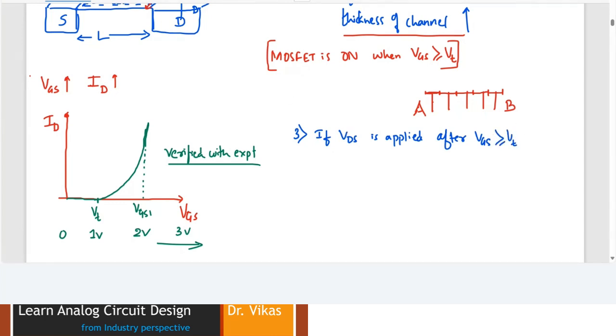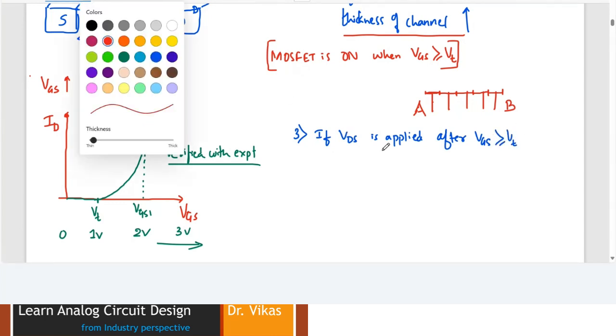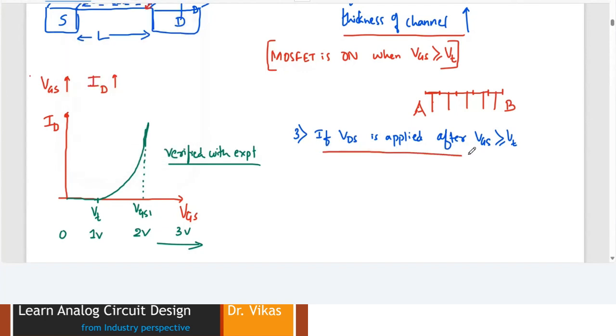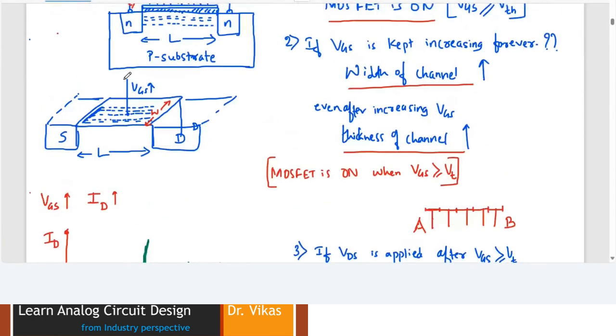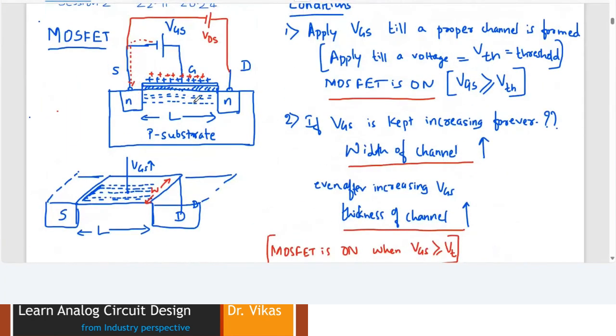Remember this condition. I'm applying VDS once VGS is more than VT, because now I need to ensure the flow of current, and that can be made possible only if the channel is formed. There is no point if I just apply VDS and no channel is formed. If I haven't applied VGS, there is no channel, no connectivity, and the MOSFET is in its off state.